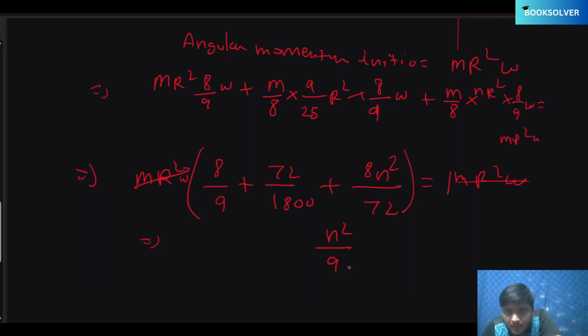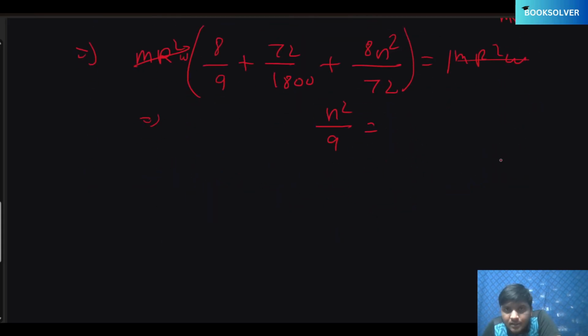So n square by 9 should be equal to 1 minus 72 by 1800, which can be reduced further. 8 by 9 plus 9 times 8 over 200 gives 8 by 200 and then 4 by 100, basically 1 by 25.